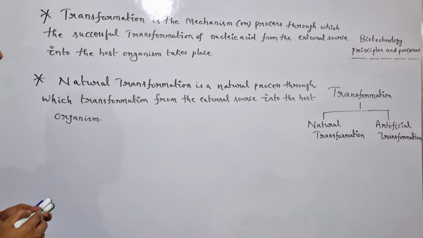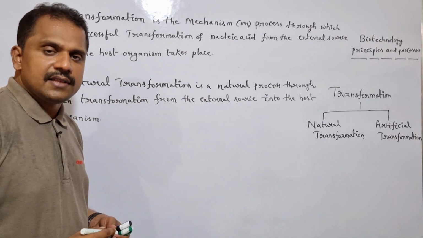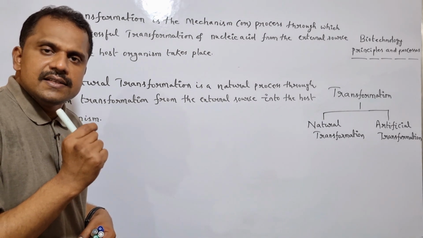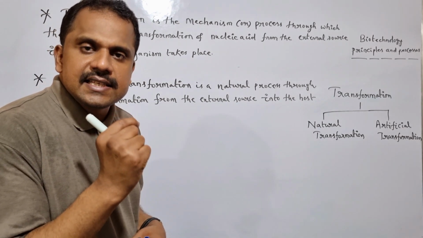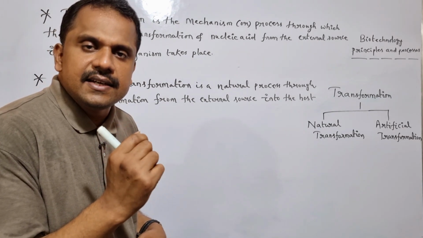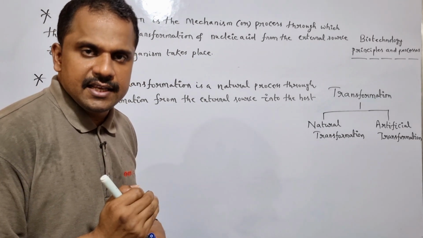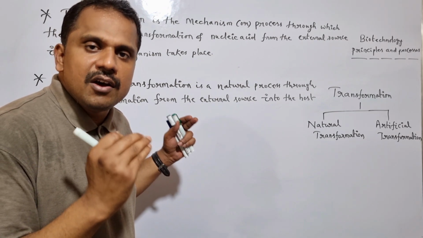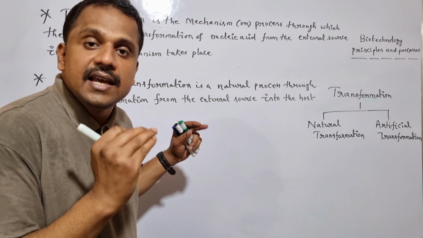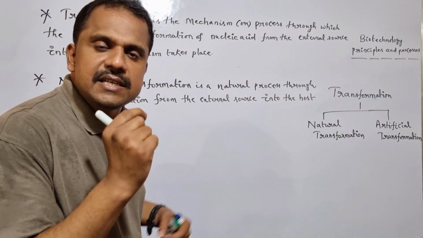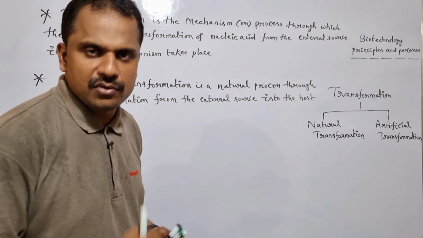Natural transformation is a natural process. That means when the specific E. coli cell acquires maturity, only under such condition does the successful transfer of the nucleic acid into the host organism take place. But under abnormal condition, by taking advantage of natural transformation, we cannot transfer the specific desirable DNA into the host organism.